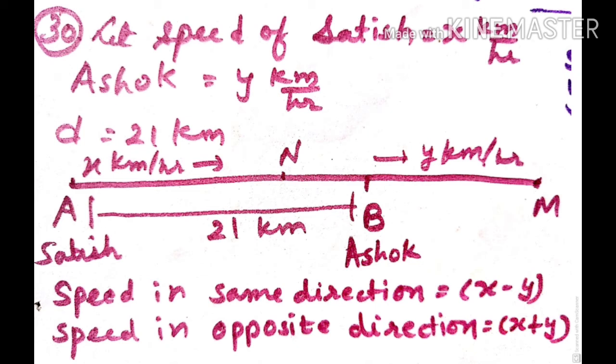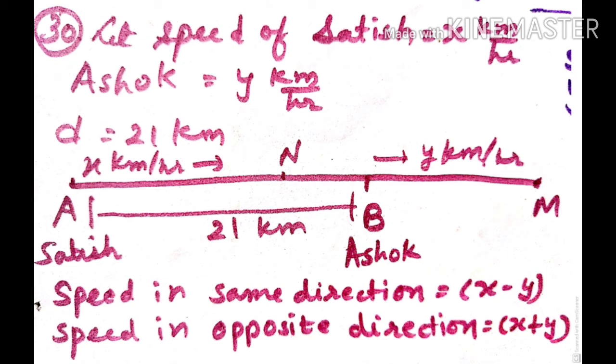If they walk in the same direction, Satish overtakes Ashok in 21 hours, but if they walk in opposite directions, they meet in 3 hours. Find the rate at which each of them walks. Means we have to let the speed of Satish be x km per hour and the speed of Ashok be y km per hour. Means we want to find the rate of the speeds at which they walk.